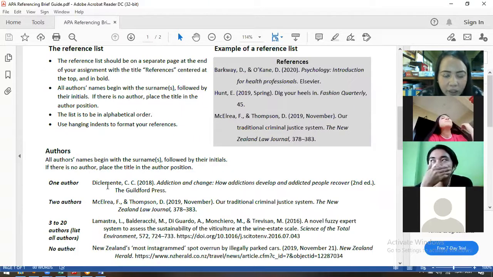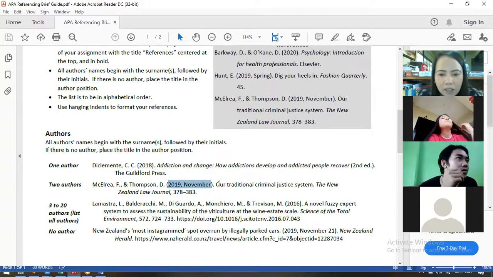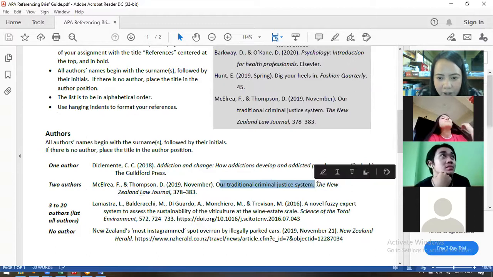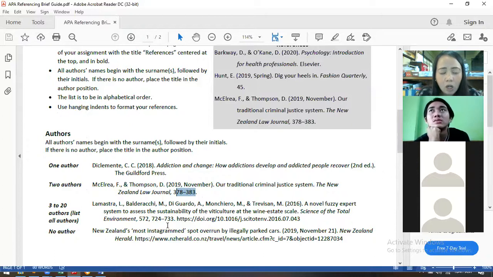But if you are going to make use of the and dito sa reference, you make use of the ampersand followed by the year. Okay? Kung merong month, you can write the month, tapos the title of the article. This is the journal name, tapos followed by the page. Okay? Nakakasunod?